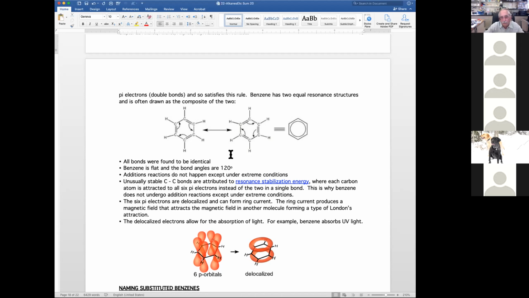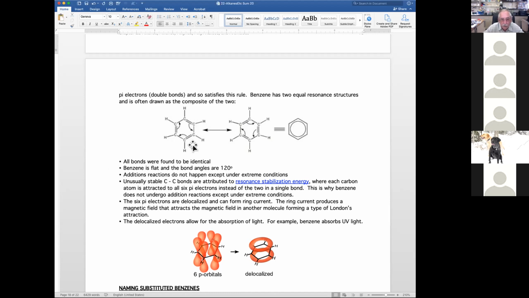So when they looked at benzene, they found that all the bonds were identical. You didn't have a short double bond and then a longer single bond. They were all identical. They also found that benzene is flat and the bond angles were 120 degrees. You can see that each central carbon atom has 1, 2, 3 regions of electron density.